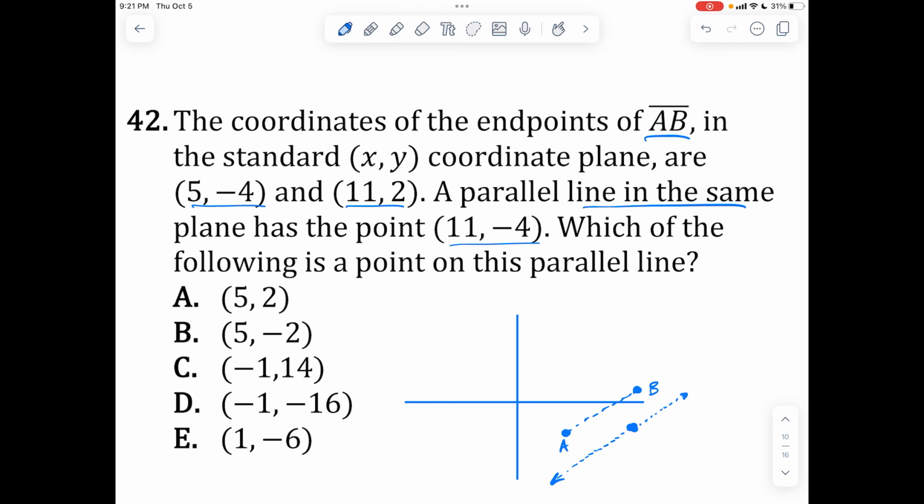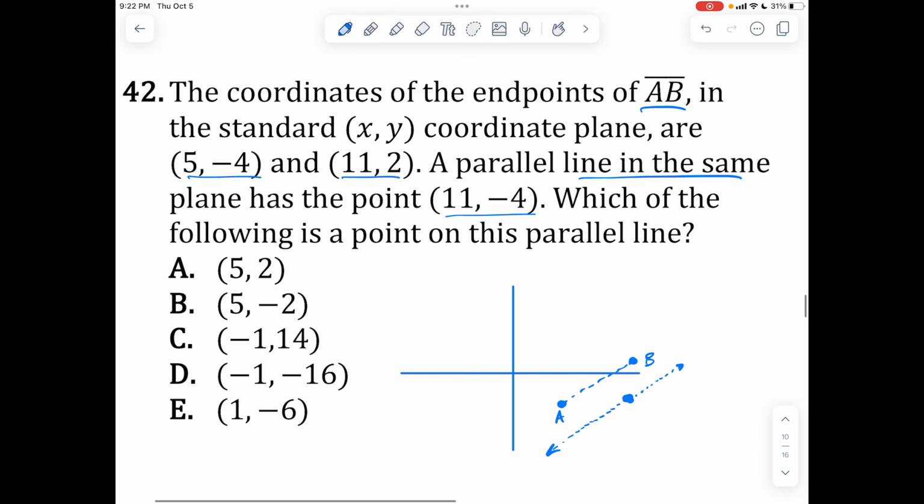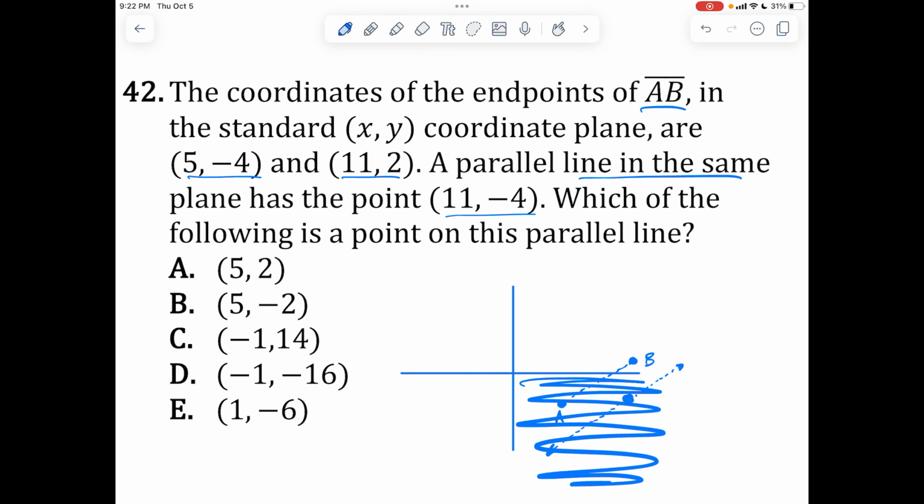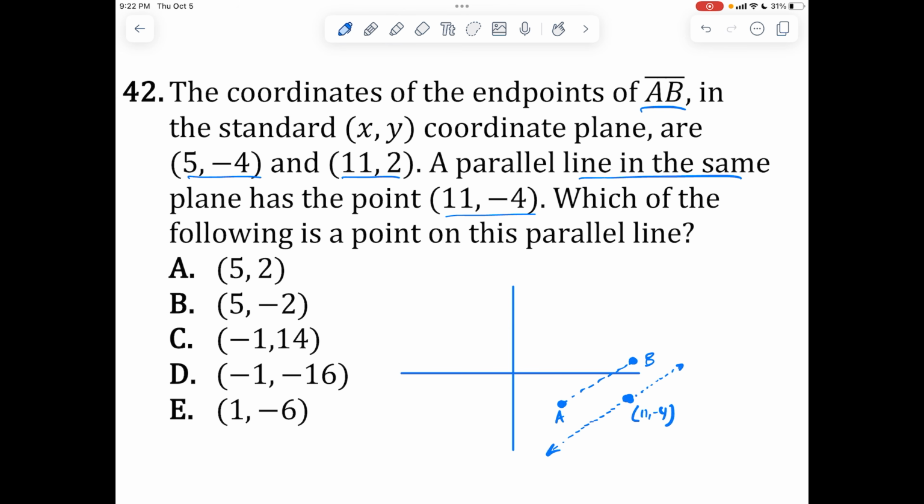Okay, very interesting. So let's keep in mind the quadrant that we're working in, right? This point is all the way at 11, negative 4. So any point that's way out here won't make sense. Let's think. 5 comma 2 up here definitely doesn't make sense. 5 comma negative 2 probably doesn't make sense because we're already at a y value of negative 4 down here.